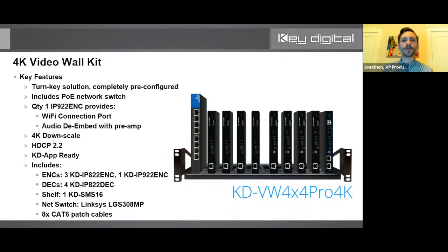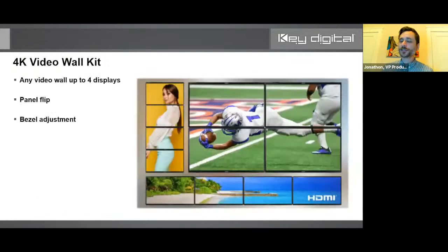So whatever that primary video source is going to be that you want to listen to also, and perhaps feed into your audio system, you can do so. So we see here again, just another example of some of these very common video wall configurations, and bezel adjust and panel flip, of course, are options with all of our AV over IP system products.